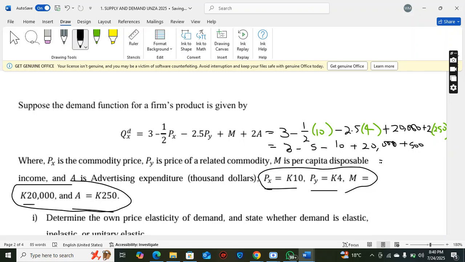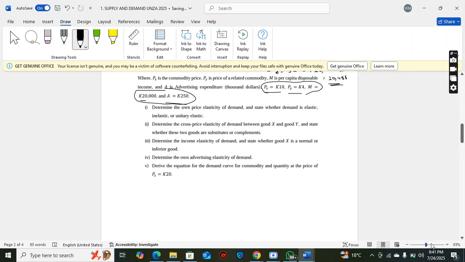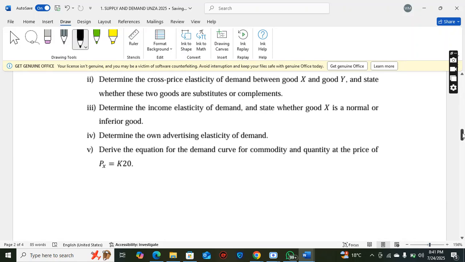So we're going to say 3 minus 5 minus 10 plus 20,000 plus 500. We get 20,488 units. That's the first thing you do with these questions. First find the quantity demanded. You will see the reason why. Any questions before I move to the next part?